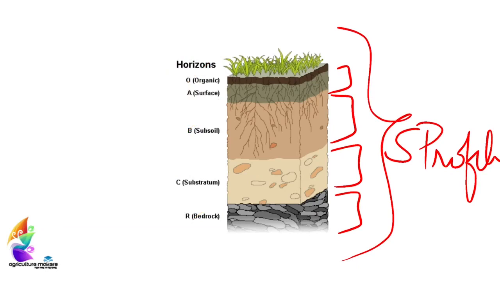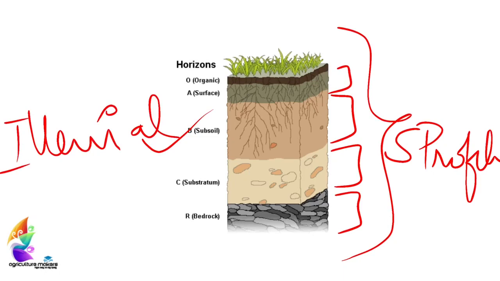Next to the A horizon, it is the B horizon, that is the subsoil. It is known as the illuvial zone. It is the zone where immobilization occurs, that is opposite of A horizon, and it is one of the important questions asked in the 2019-20 AFO mains question paper.